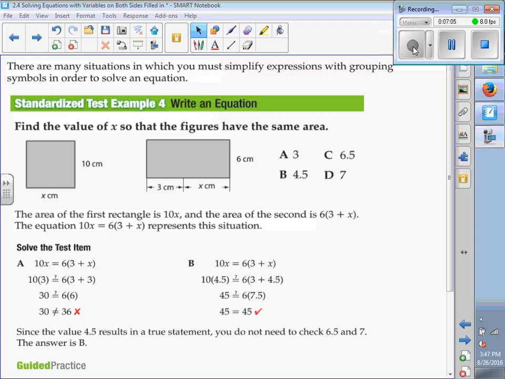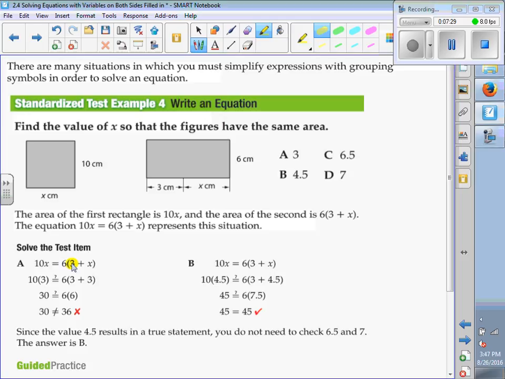Okay? So, the first one, they will substitute 3 in the first equation, right? So when we simplify that, they end up with 30 is equal to 36. That's a false statement, so that's not a solution, right?